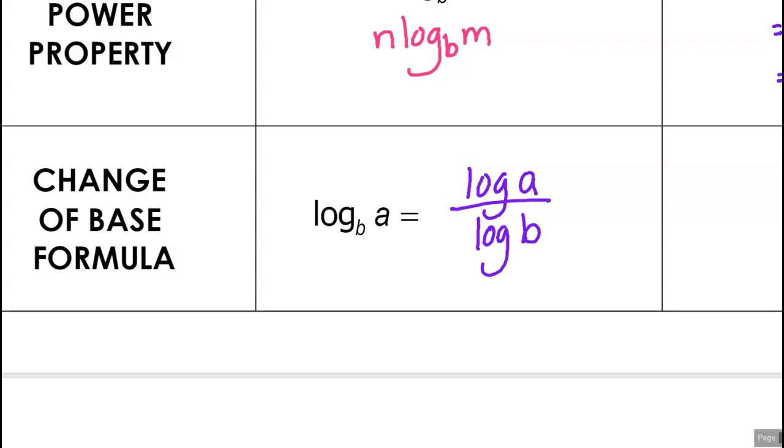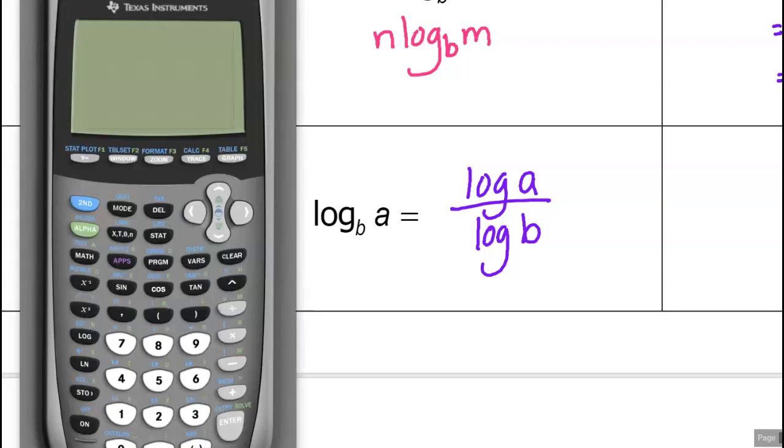Now, the only reason you would have to do this is if you had an older calculator. Older calculators only compute when the base is 10. So when we press this log button, that's the only thing that older calculators can do.